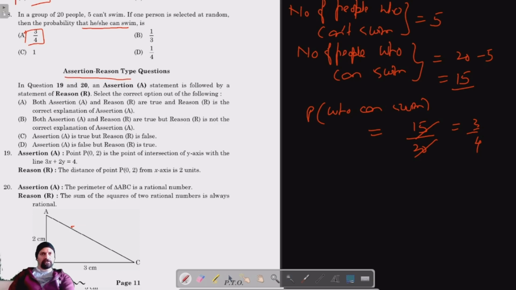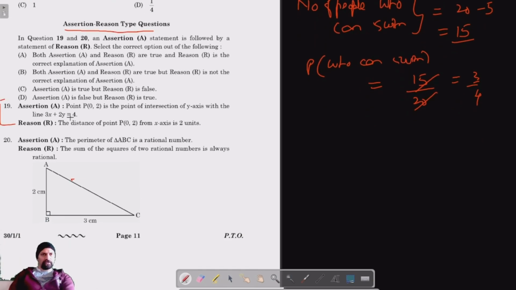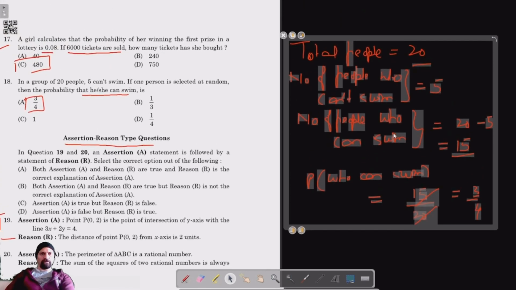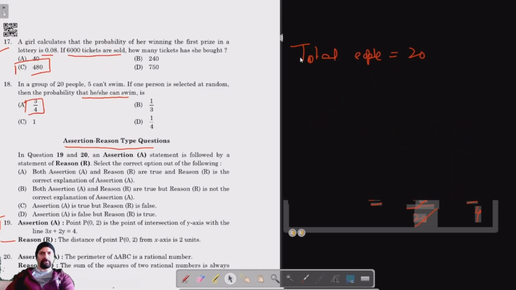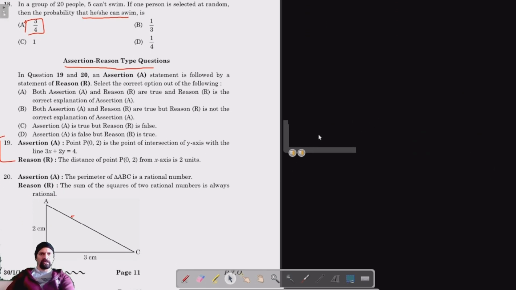And the next one is assertion and reasoning type questions. So the first one is the point 0 comma 2, coordinates 0, 2, is the point of intersection of y-axis with the line. We have to check whether it's a point of intersection with the given line. And the given line is 3x plus 2y is equal to 4.